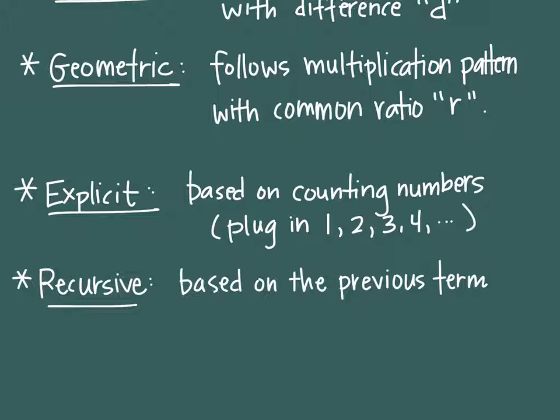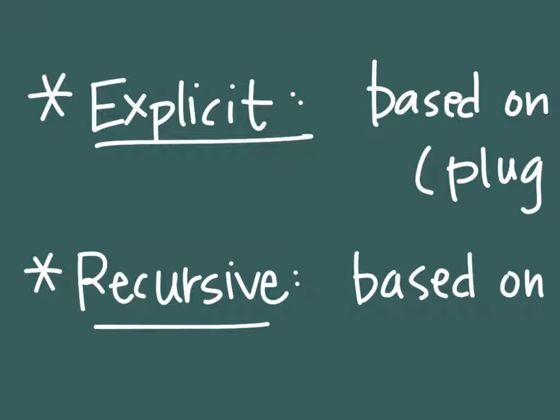You need to have your calculator in certain modes if you're going to do this. So if you're going to do an explicit, it needs to be in parametric and dot mode. Can you get your calculator out a minute so I can show you where to put those two things?